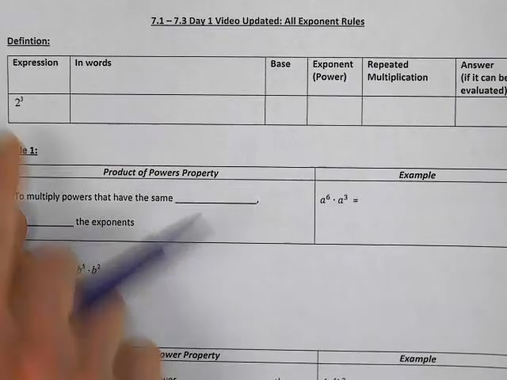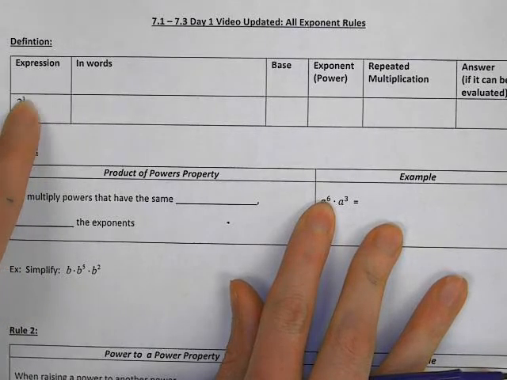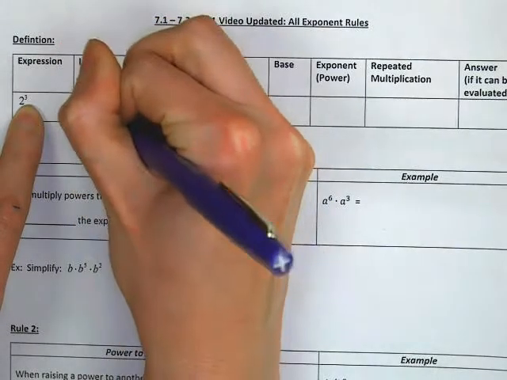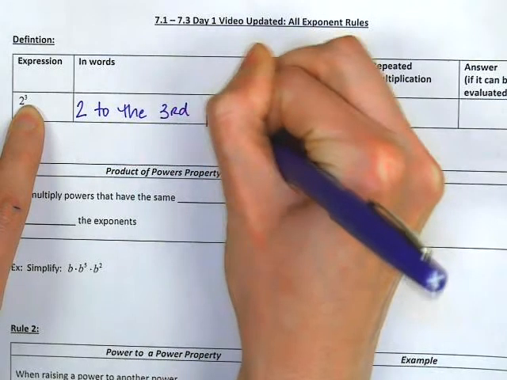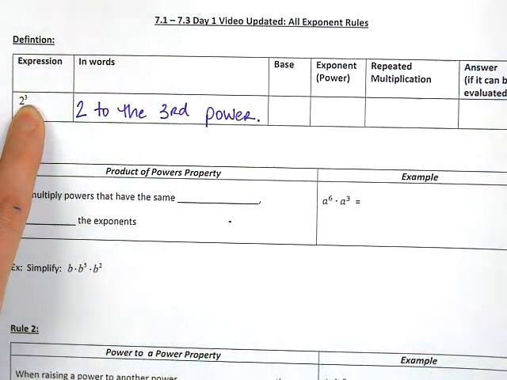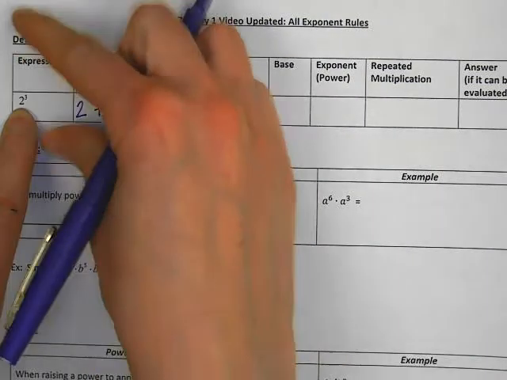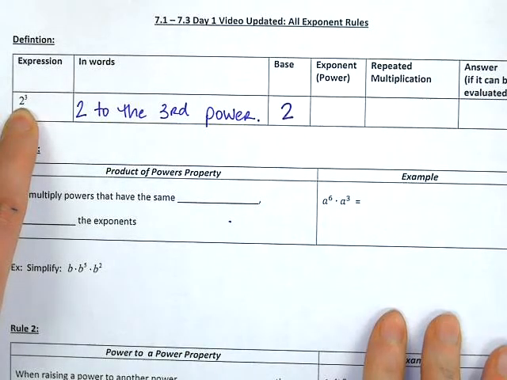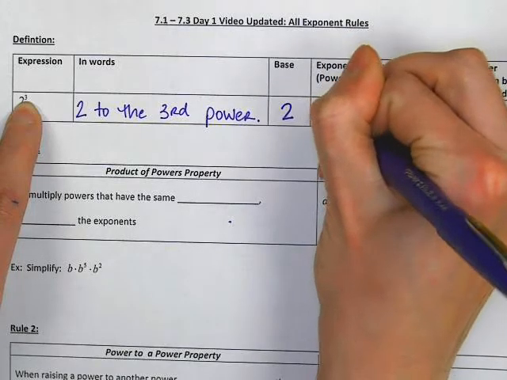Okay, but first we need to figure out what is an exponent. And this says 2 and then a little 3, and I hope you guys know that that really means you're raising 2 to the third power. Okay, and then the big number, like the one that's physically bigger, the 2, is called the base, and the exponent or the power is the smaller number, which is the 3.